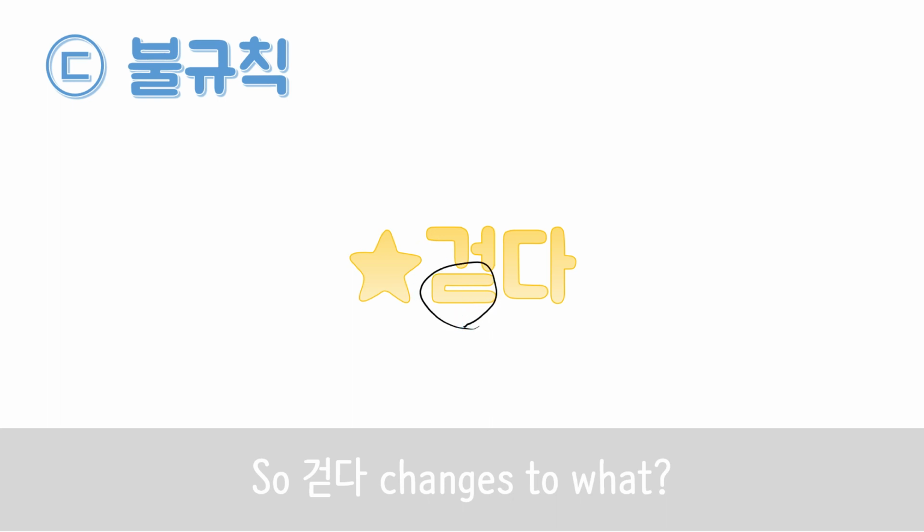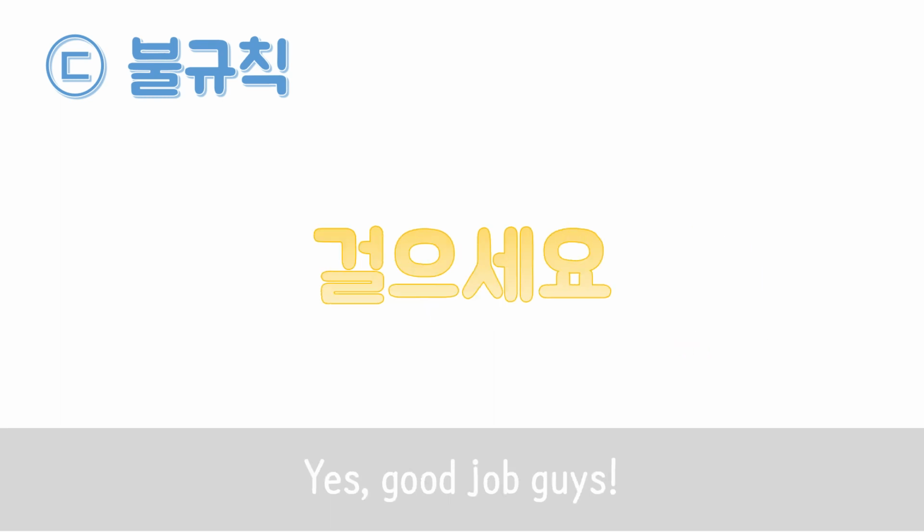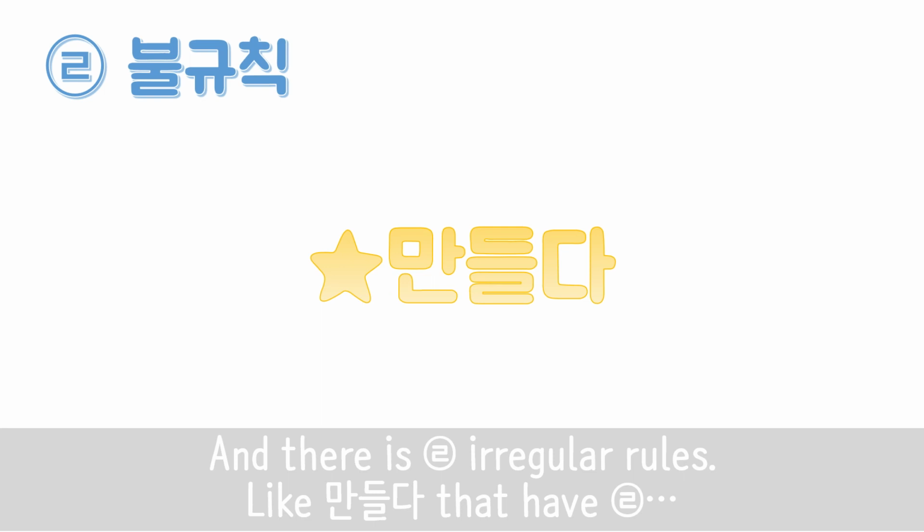And you probably know how to change this to 어요. Do you remember? 걸어요. So it will be 걸으세요. Very good. This can be irregular, but practically it's a regular rule. But anyway, I put it in here to make sure you understand it well.